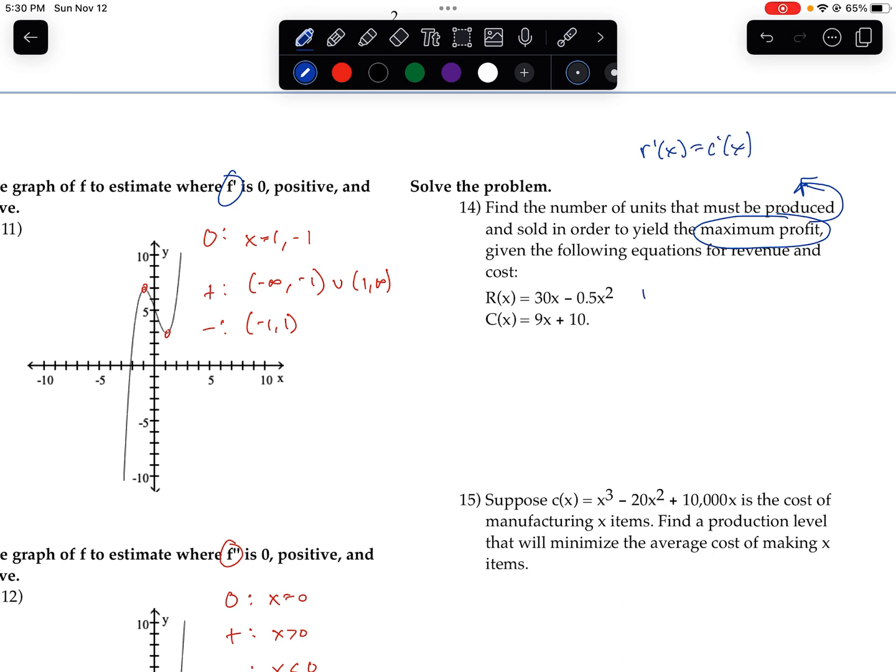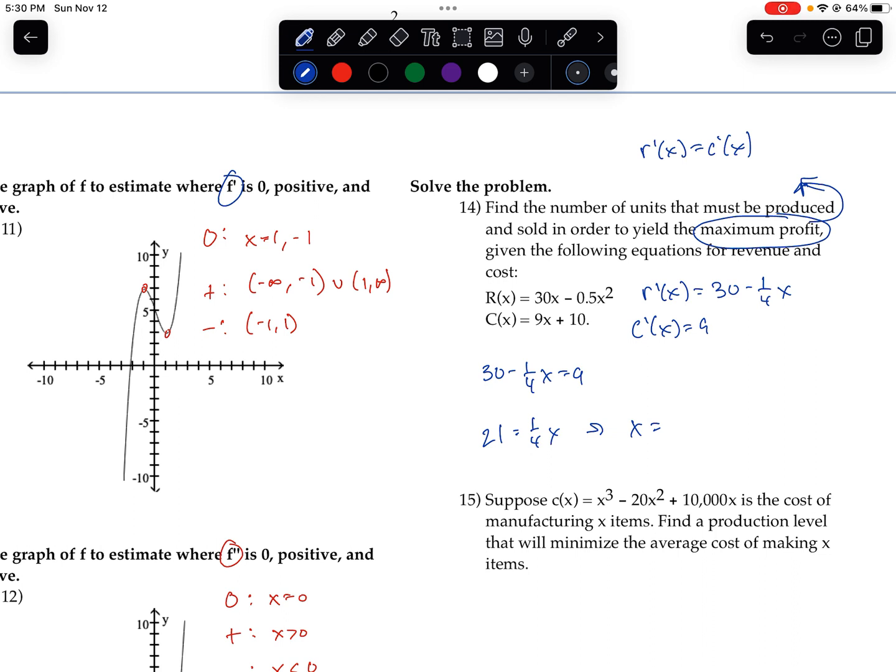So r prime will be equal to 30 minus 1/4 x, and c prime of x will be equal to 9. So 30 minus 1/4 x equal to 9. That's going to be 21 is equal to 1/4 x, times by 4. So x will be equal to 84.